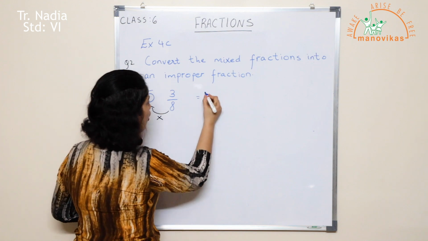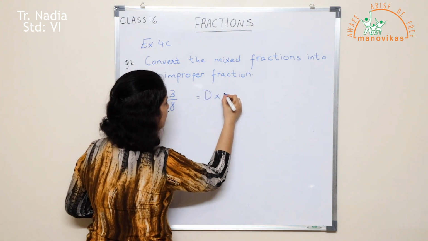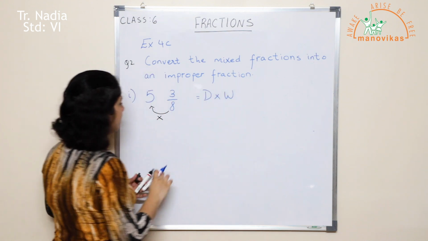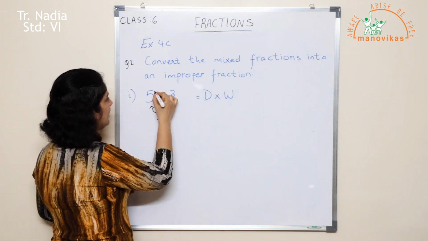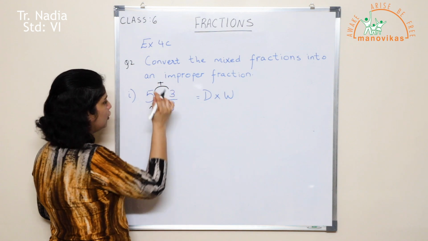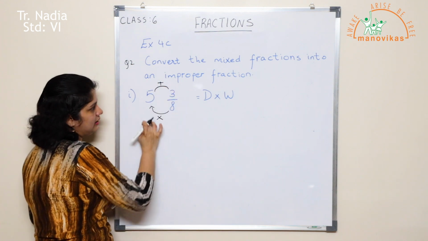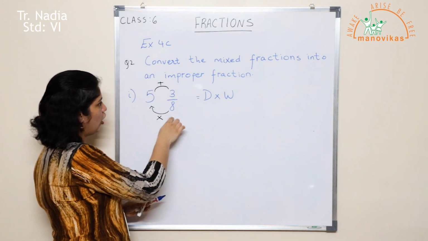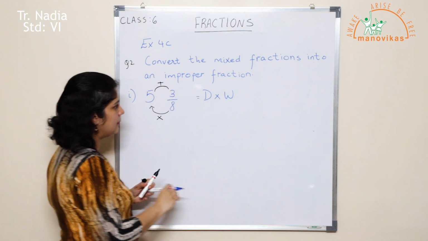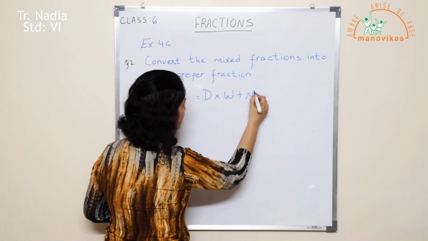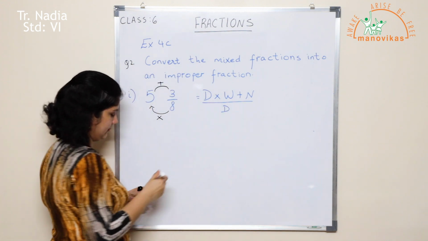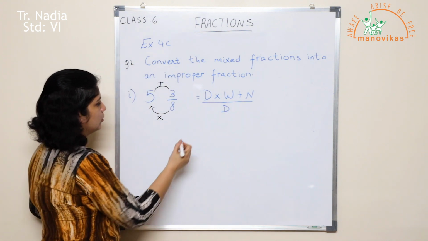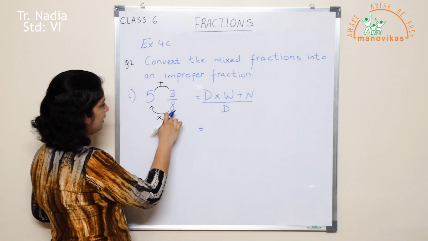So I can say denominator will be multiplied by the whole number, denominator by the whole number, and then it will be added to the numerator. Okay, it's like a circle going backwards. Denominator into whole number plus the numerator upon denominator.